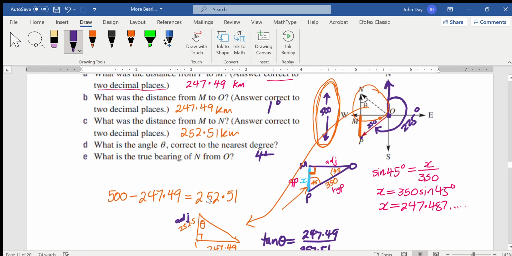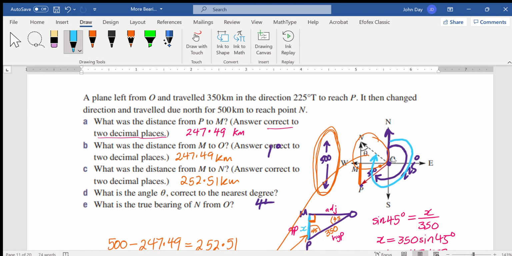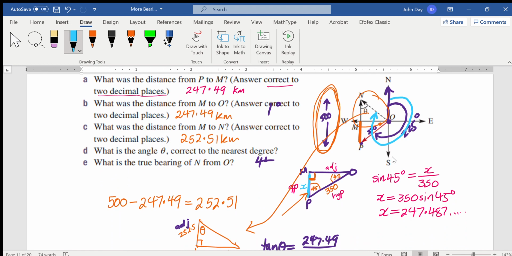And then the last question says, what's the true bearing of N from O? So we're going around this blue that I'm making here, all the way around to there. We've got to work that out. Well, there's a few different ways that you go about doing this, but perhaps an easy way to do it would be to find out what this angle is in here and add that on to 270 degrees.